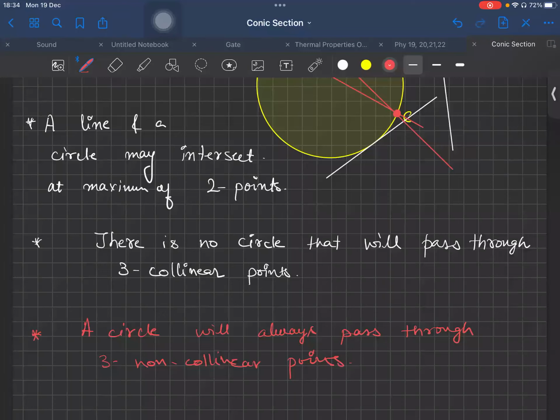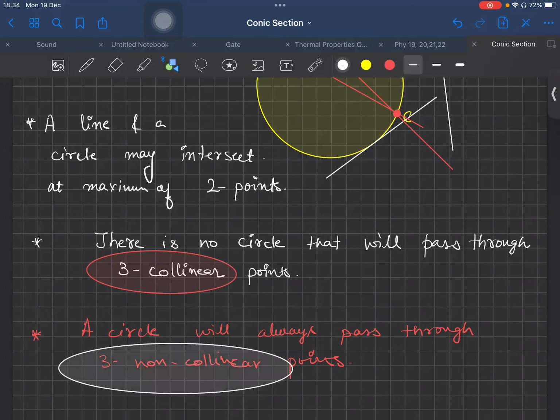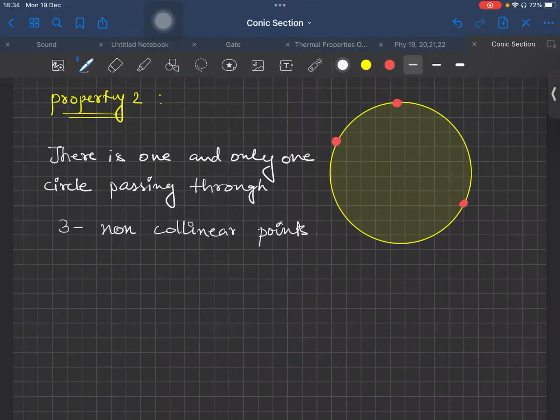Understand? Here I'm writing 3 collinear, and this is 3 non-collinear. Understand this difference. Now we have defined that it will pass through 3 non-collinear points, let's say A, B, and C.